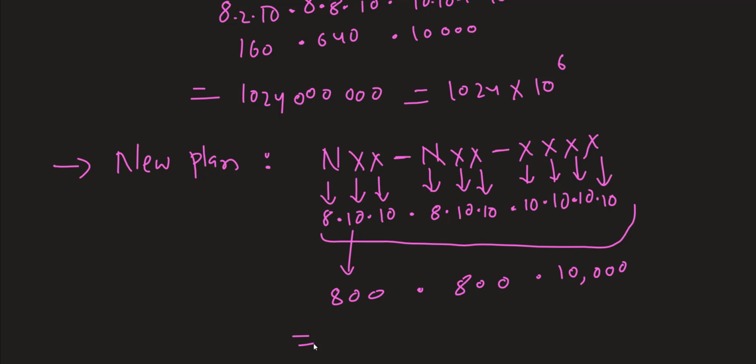So the number that we'll get is equal to 64 into 10 raised to power 8. So these many numbers you can generate using the new plan.